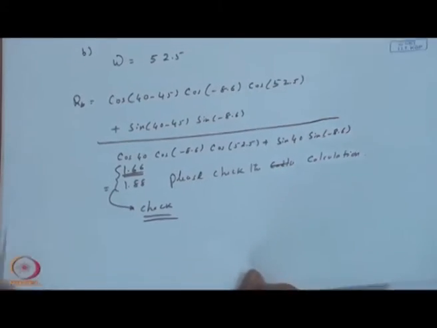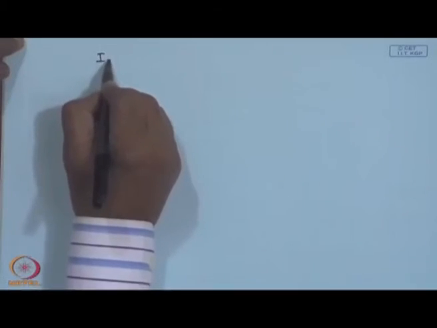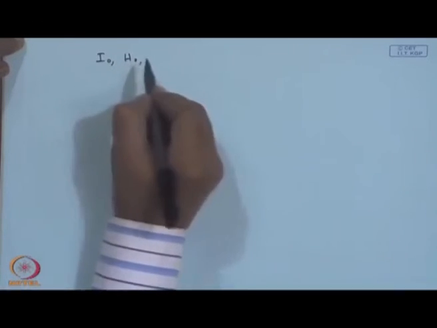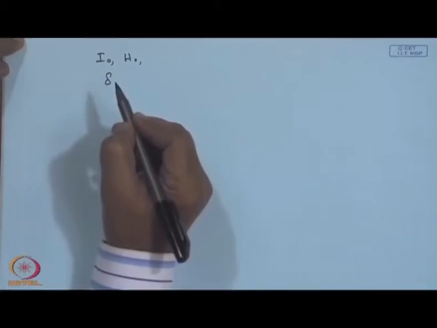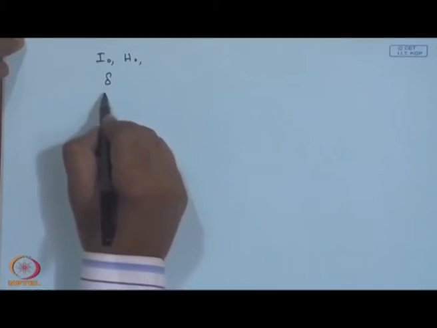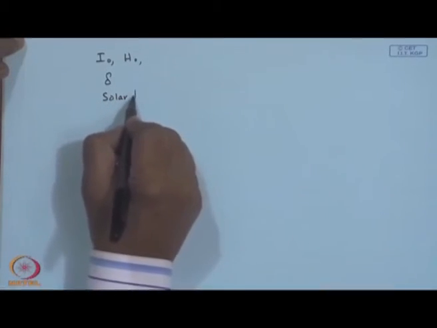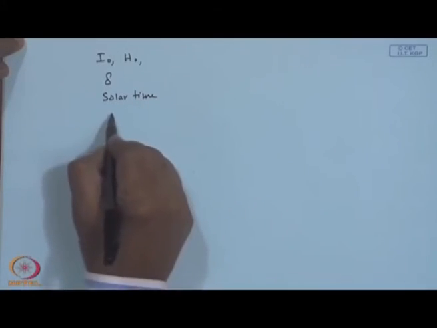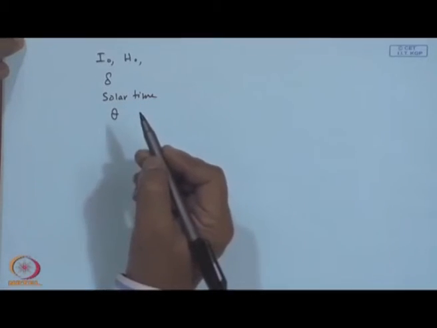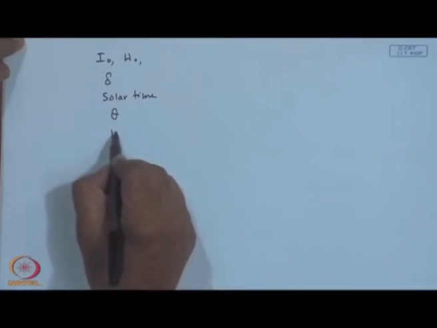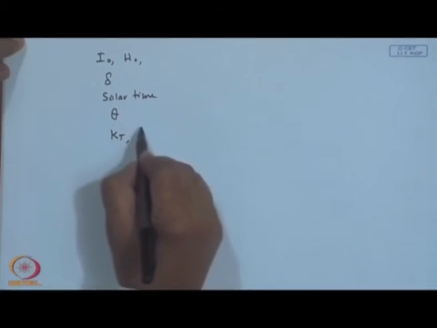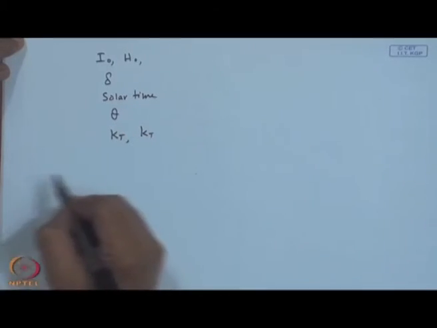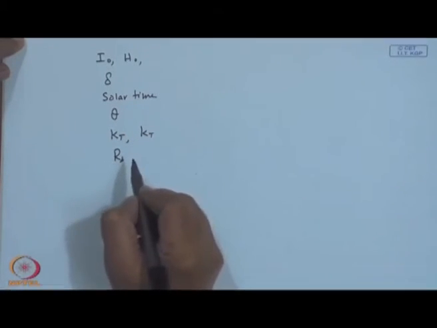Okay. So, from these exercises, what we learnt is calculation of extraterrestrial I0 or H0 or the declination for a given day and solar time, and the angles of incidence for different orientations and clearness index on a daily basis or an hourly basis, and then the RB factors.